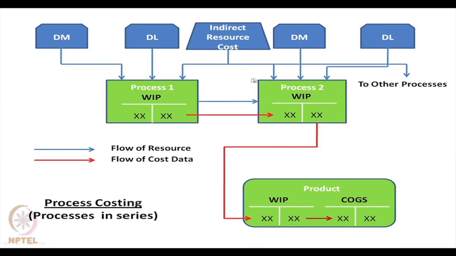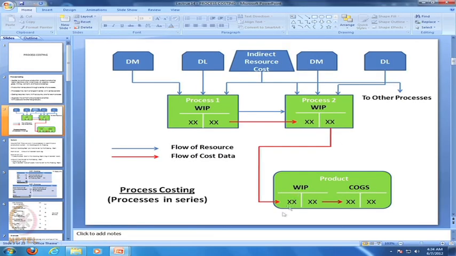But unlike in job costing system, the products move from process 1 to process 2 in a continuous production system. Therefore, the work in process cost is moved to work in process 2 before finally, after a series of such process transfers, the final product work in process and cost of goods sold are prepared.